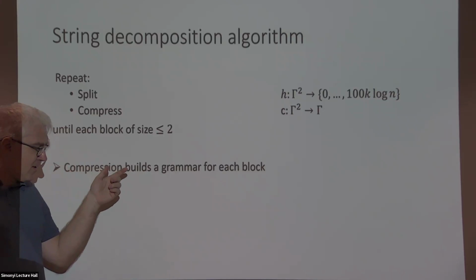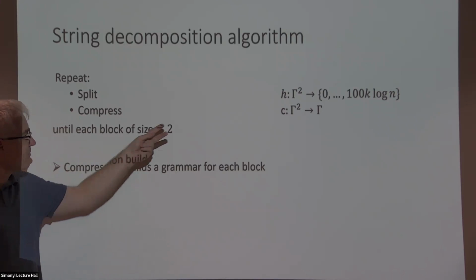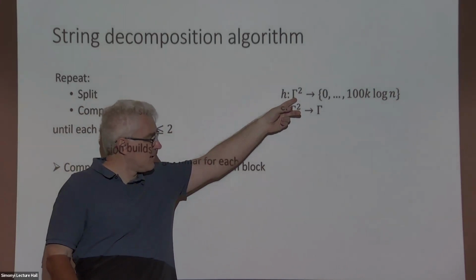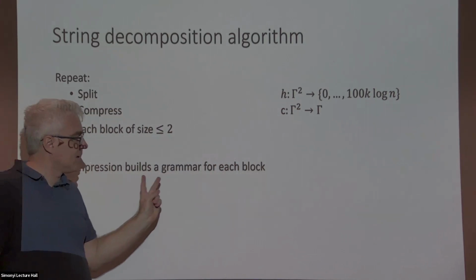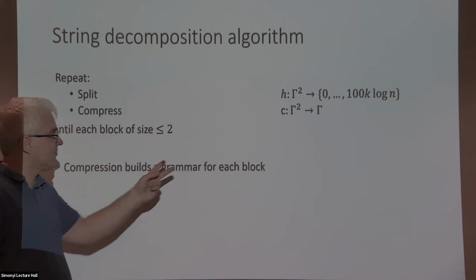Why do you do compression? If your decision is based on pairs, the reason to compress is that your string doesn't contain many different pairs. If you contain a lot of different consecutive pairs, then you are going to break it. If you don't contain many consecutive different pairs, then you are not going to break it, but the compression kicks in.